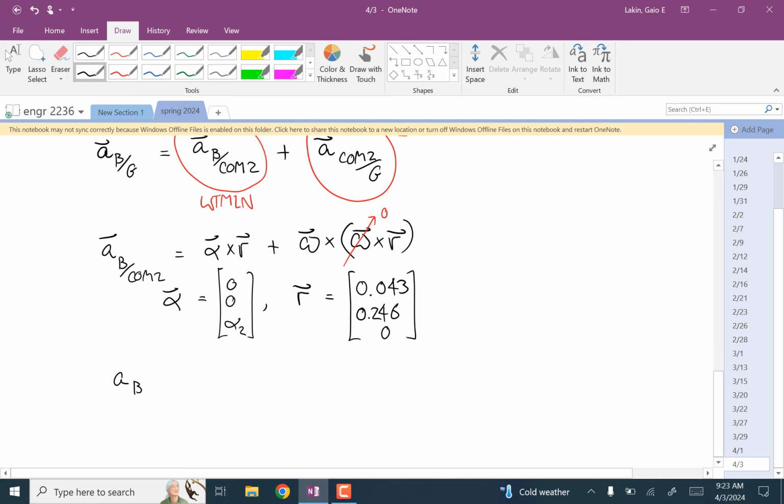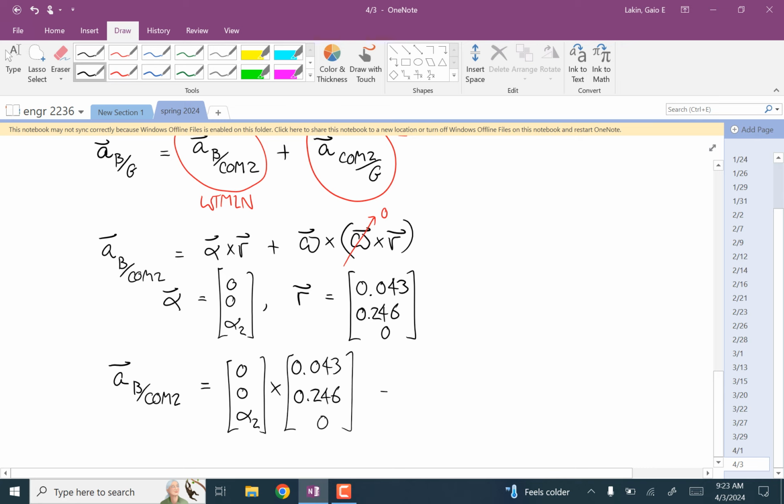And so the acceleration of B relative to the center of mass of 2 is 0, 0, alpha 2 crossed with 0.043, 0.246, 0. And that is minus 0.246 alpha 2 for the x component and positive 0.043 alpha 2 for the y component.